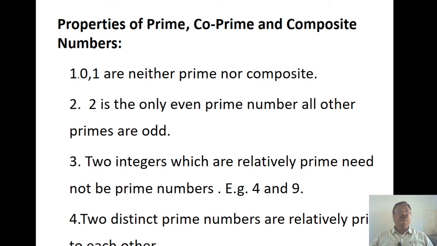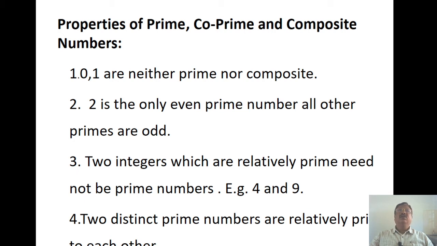Now let us see the properties of prime, co-prime and composite numbers. Number 1, the numbers 0 and 1 are neither prime nor composite. Number 2, 2 is the only even prime number. All other primes are odd.